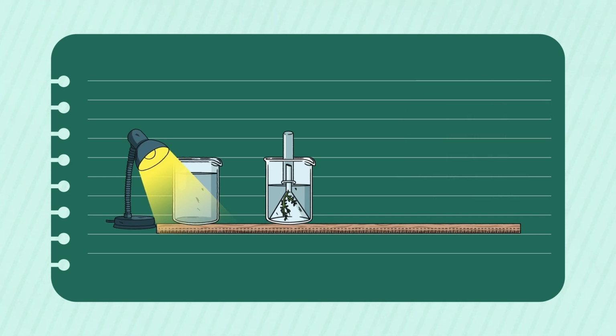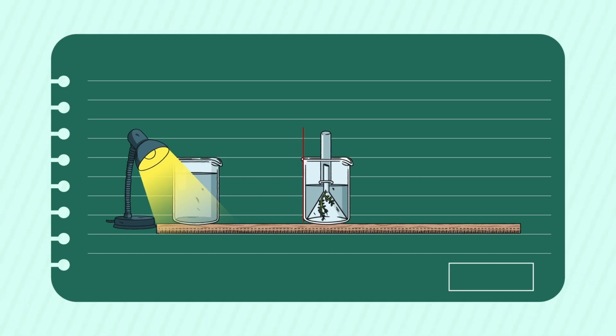Move the pondweed to the 40 centimetre position on the ruler and count the number of bubbles made in 1 minute again.